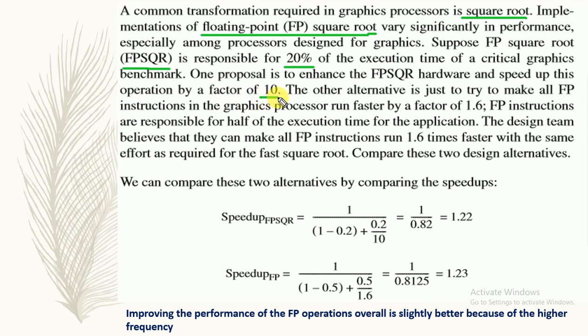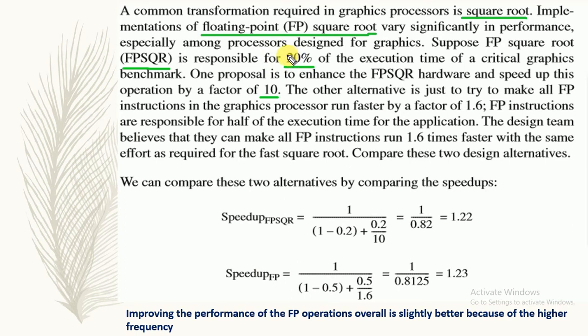So one proposal is that it will be 10 times improved by adding some enhancement on FPSQR. Remember, FPSQR is utilizing 20% of the total execution time. So the fraction enhanced is 0.2. That is clear from here itself.